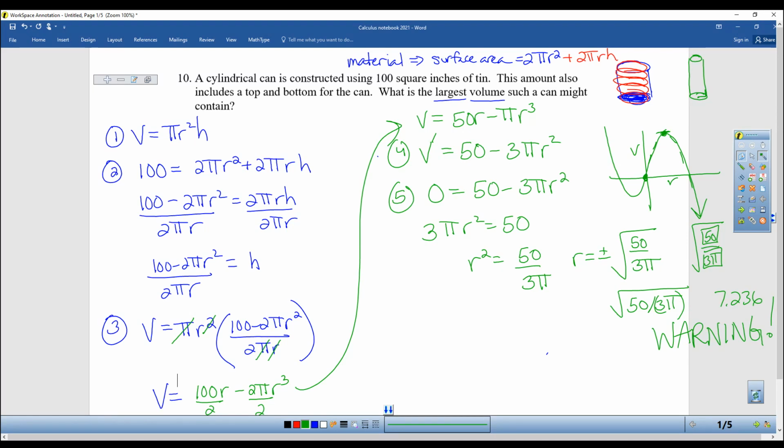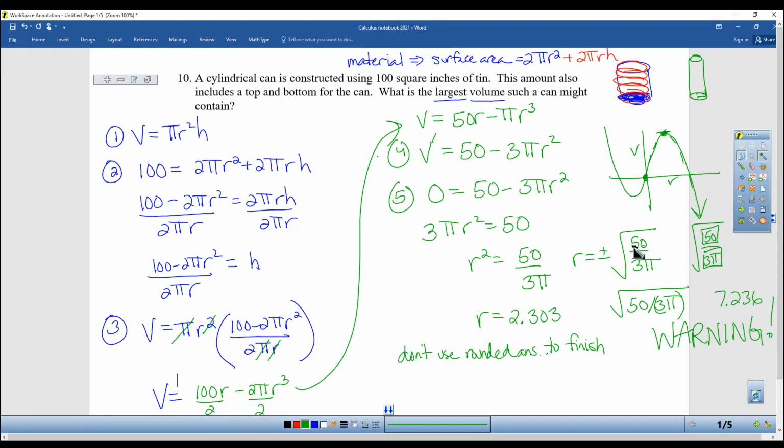Okay, so the correct answer is 2.303. Although you're going to want to leave it this way, you don't want to use your rounded answer to find the other things. Okay? Don't use the rounded answer to finish.